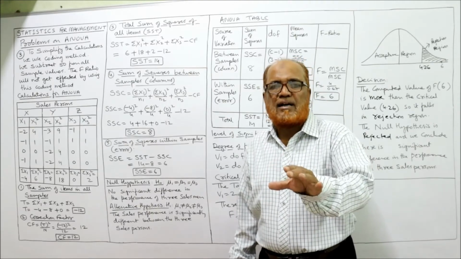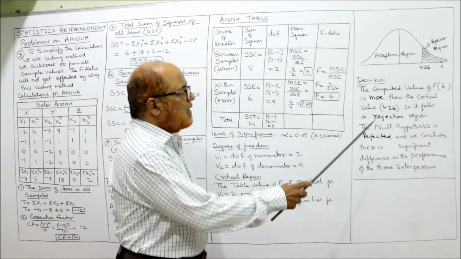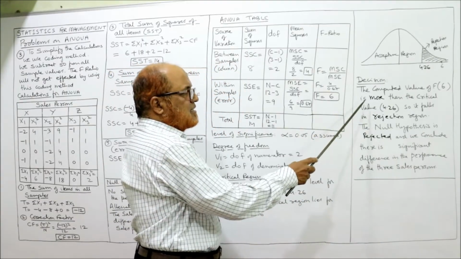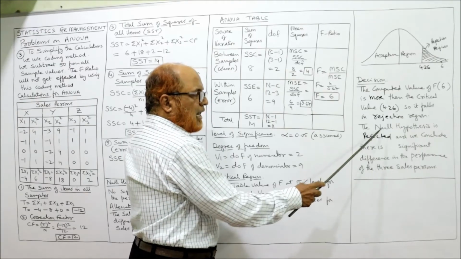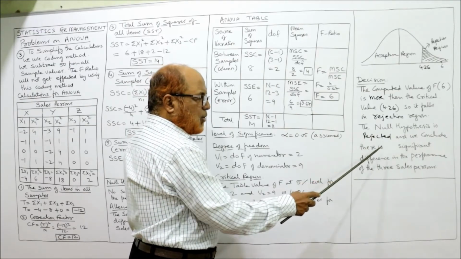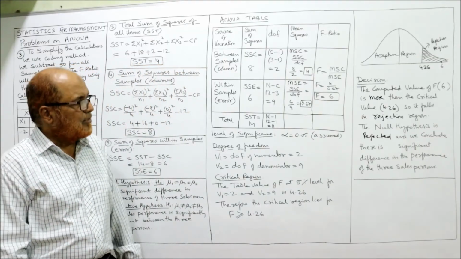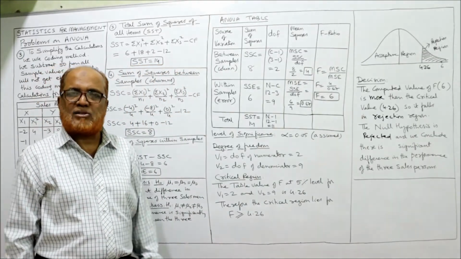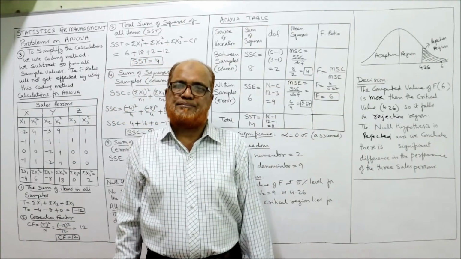The average sales conducted by the three salespersons are different. That we accept. So the computed value of F, 6, is more than the critical value 4.26, so it falls in the rejection region. The null hypothesis is rejected and we conclude there is a significant difference in the performance of the three salespersons. That's all. So this is the end of problem number 3.